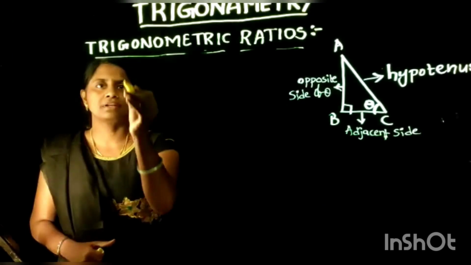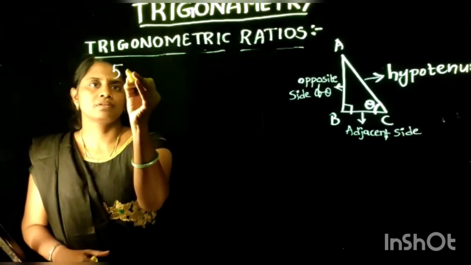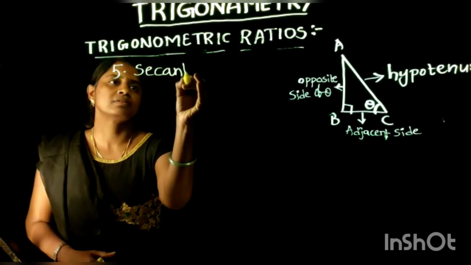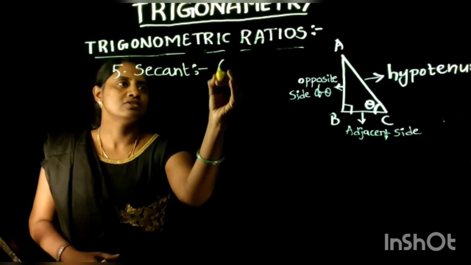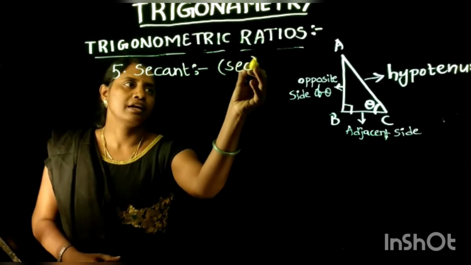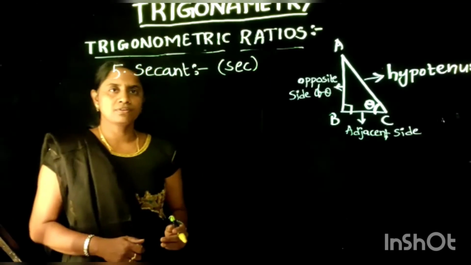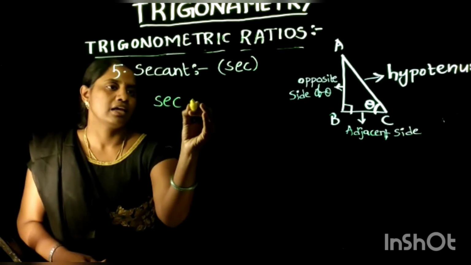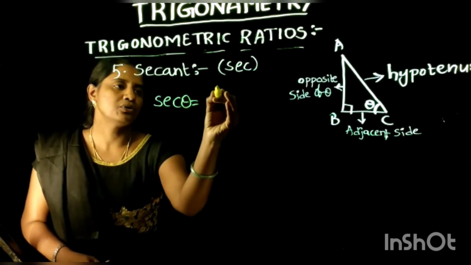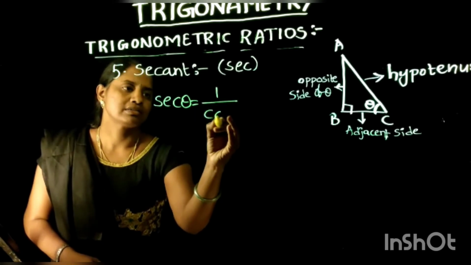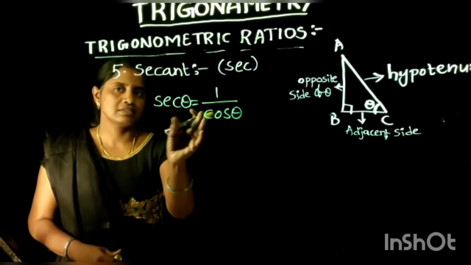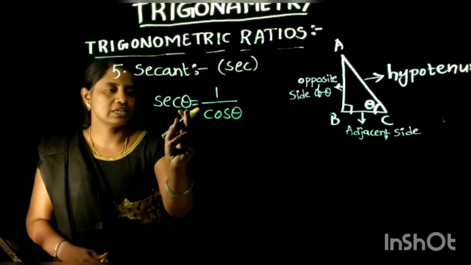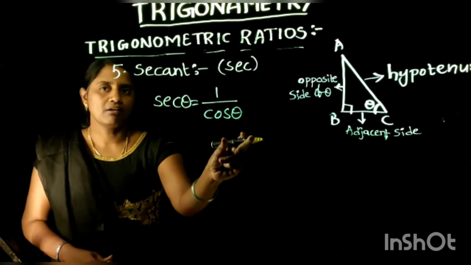The fifth trigonometric ratio is secant. The short form is sec. It is the multiplicative inverse of cos. So we can write sec theta is equal to 1 by cos theta.